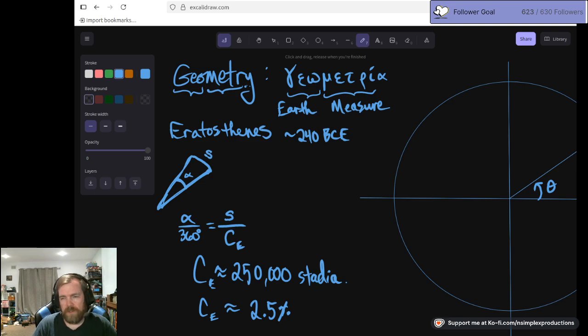He already also knew that the planet was approximately spherical, so he estimated it to a reasonable degree. And again, pretty close to 2.5% error.